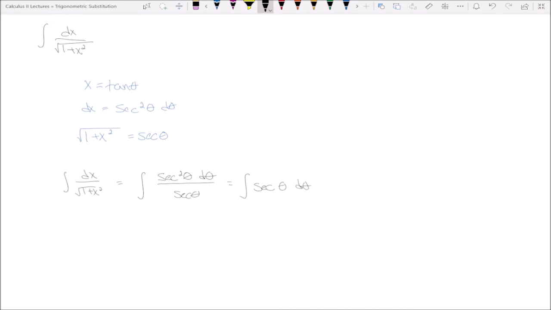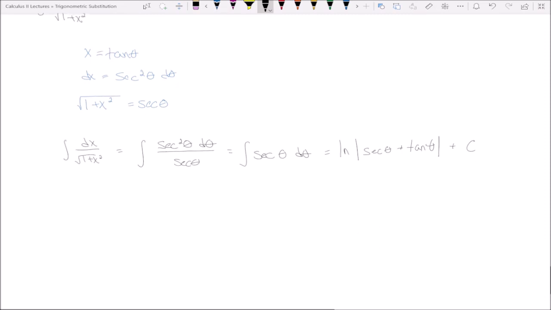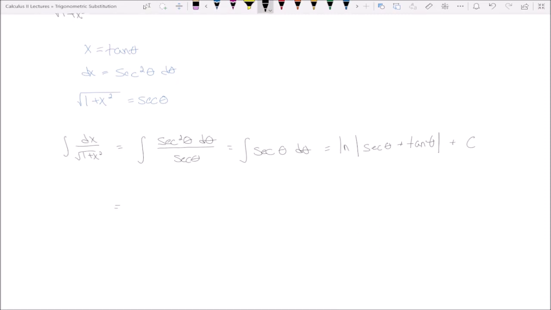So that antiderivative is the log of the absolute value of secant theta plus tangent theta, and then plus our constant. Right? Well, we know what secant theta is: square root of 1 plus x squared. We know what tangent theta is: it's x. So here is our antiderivative.